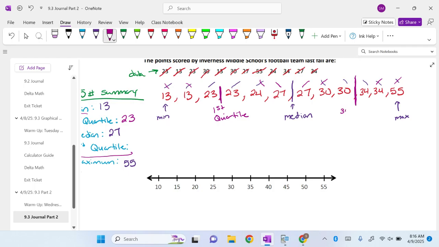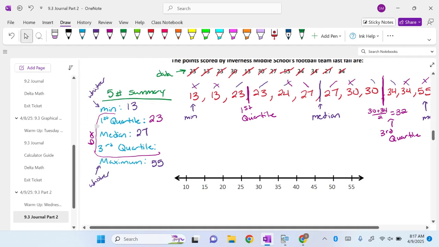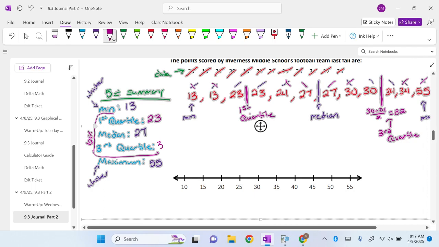So to find it, you would add 30 and 34 and divide it by 2, and that would give you 32, which is our third quartile. So that's why I was telling you guys earlier, if you're between two numbers, you've got to find the mean of those two numbers, or the average.